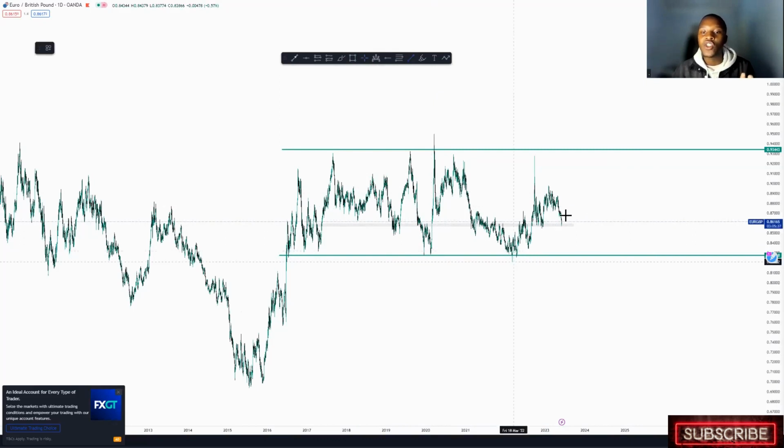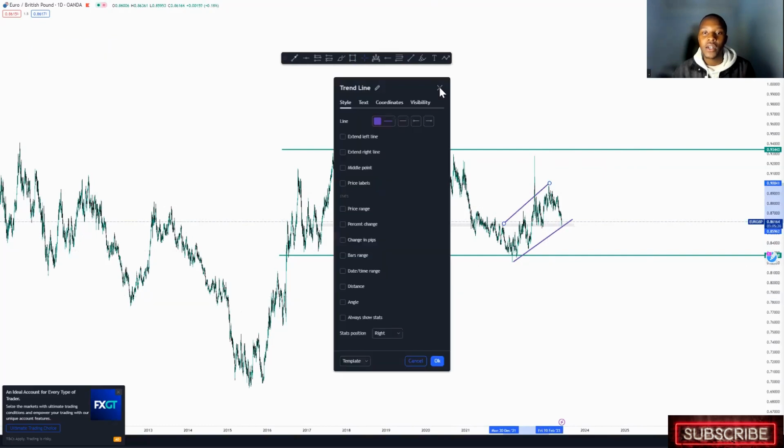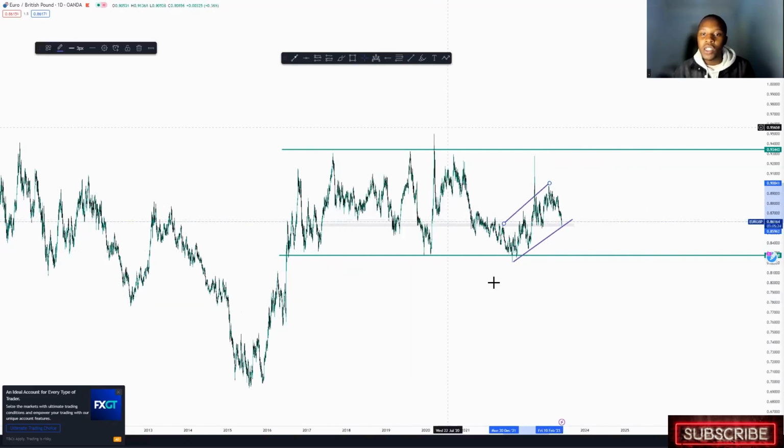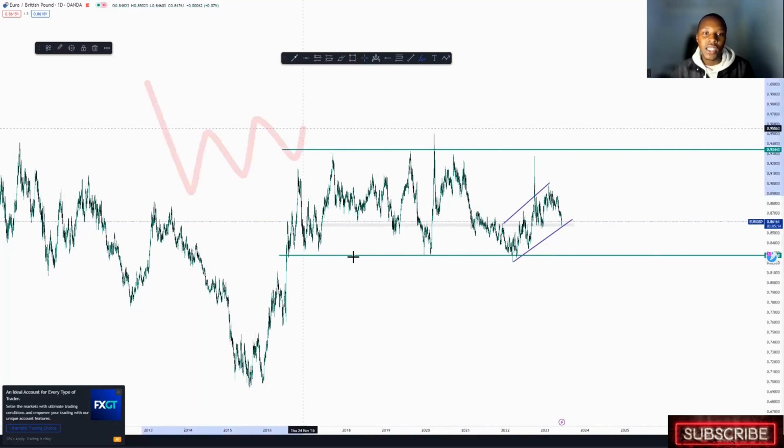We can also draw a trend line from that perspective, which is going to help us understand what the market is trying to do here. This is an impulse move in the form of a correction. As we know, after every impulse move we get a correction and then the next impulse.